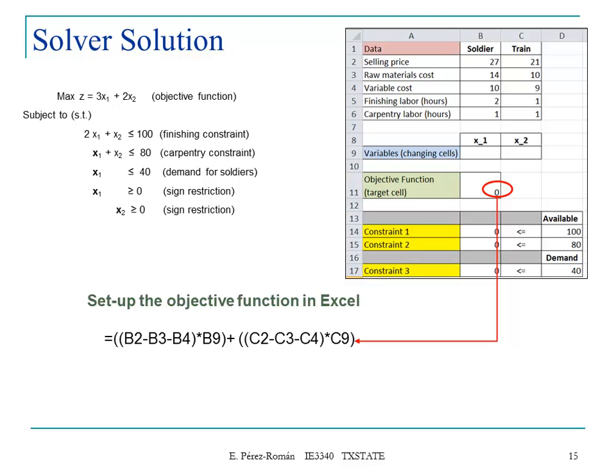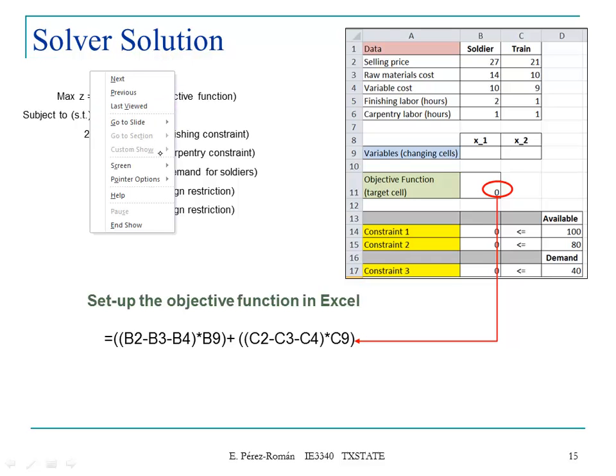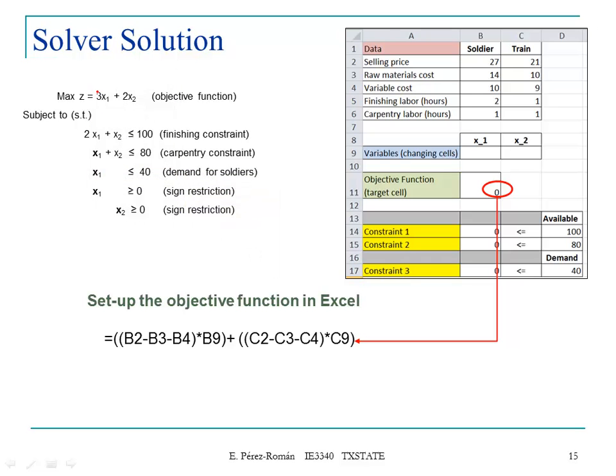So the objective function is just, because right now we have the objective function in simplified form, the first part is just 27 minus 14 minus 10 times x1 plus 21 minus 10 minus 9 x2.